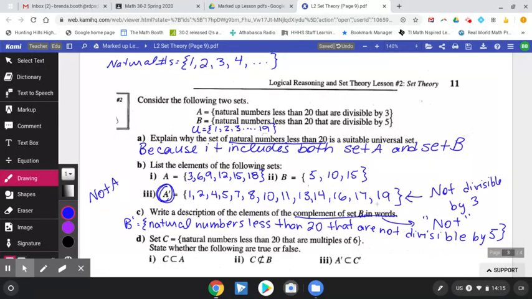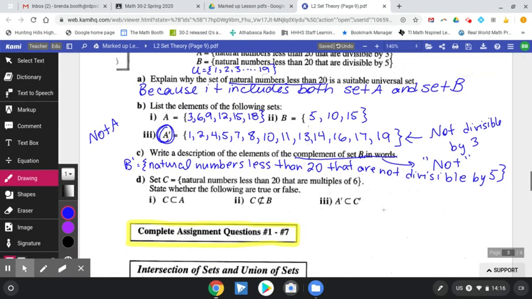And then D, this is our last example for the day. We've been introduced to a new set. We've got set C, natural numbers less than 20 that are multiples of 6.